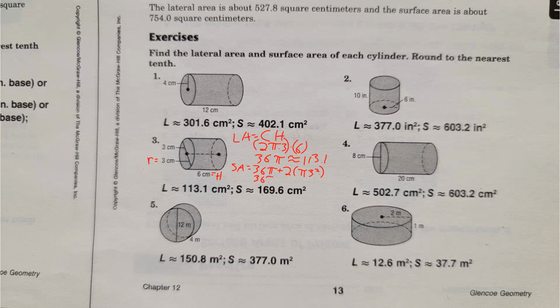So 36 pi plus 18 pi. Again, those are like terms. I can add them. That's going to give me a total of 54 pi. And then once I plug that into the calculator, 54 times 3.14, gives me roughly the 169.6.